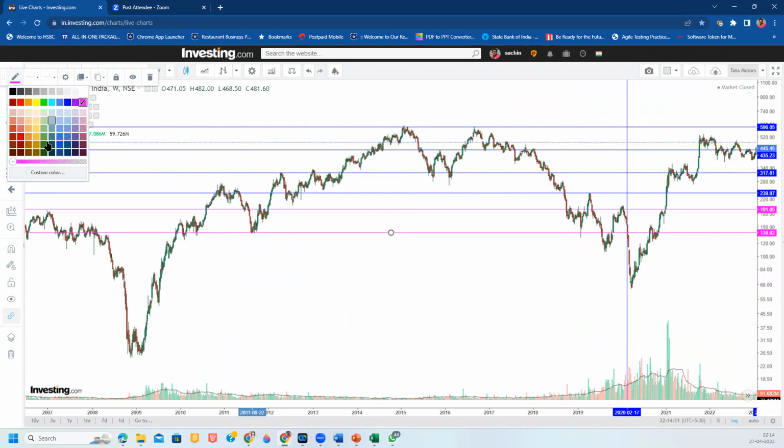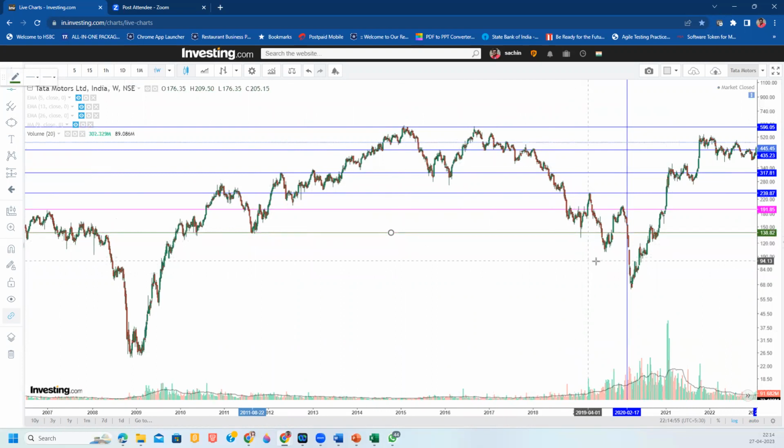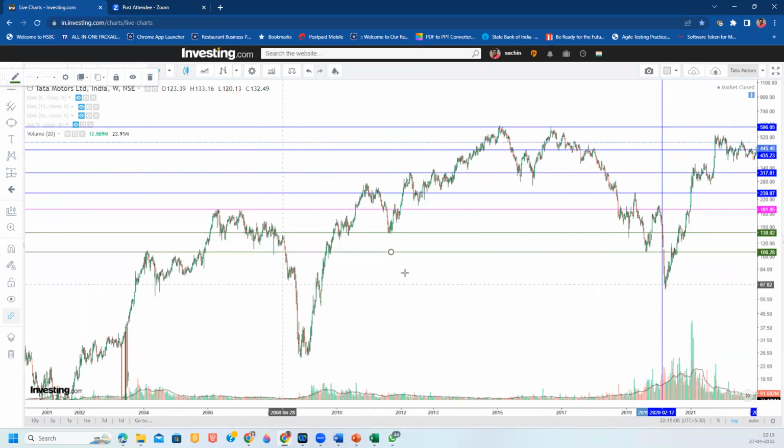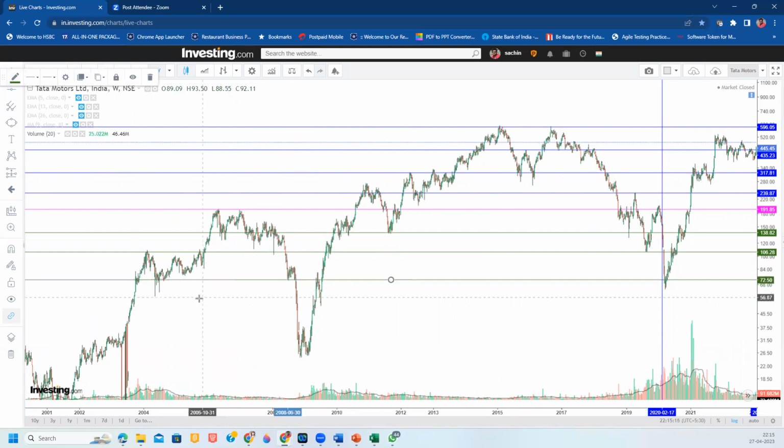Maybe I'll highlight it in a different color. And then the next support line should be maybe this one. Let me look in the past data if there is any other support line. Maybe one more support line based on these two, the past data.